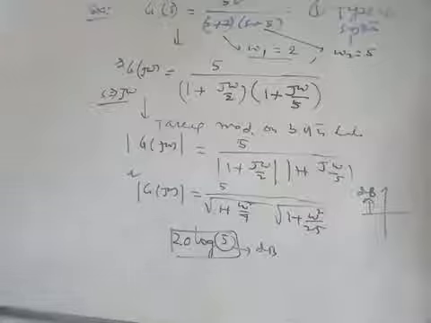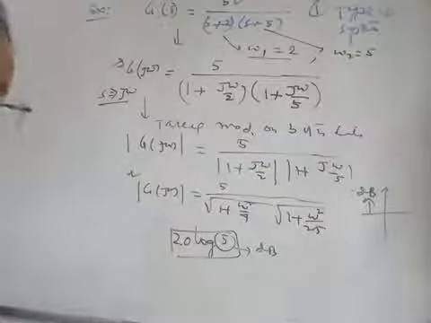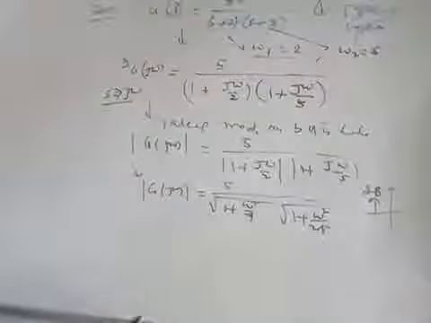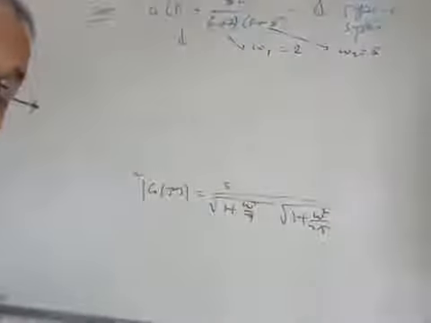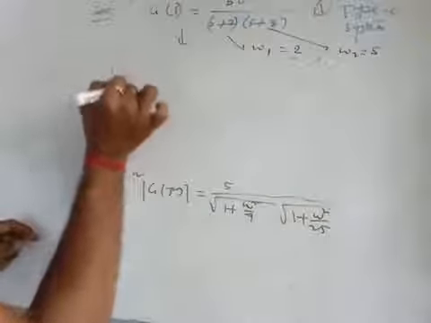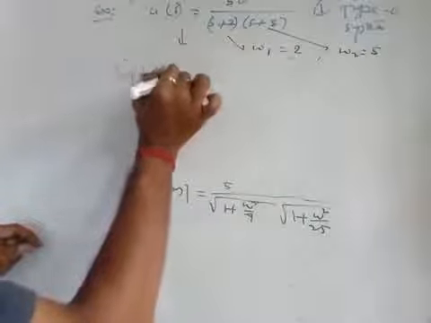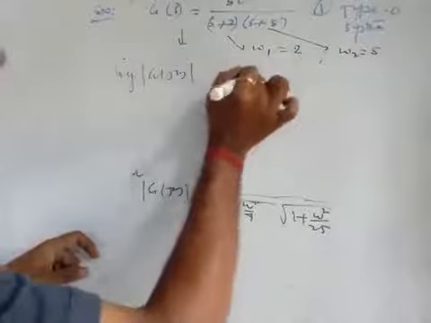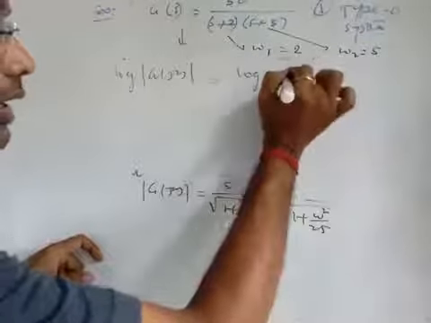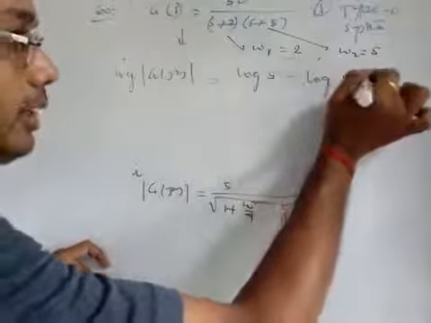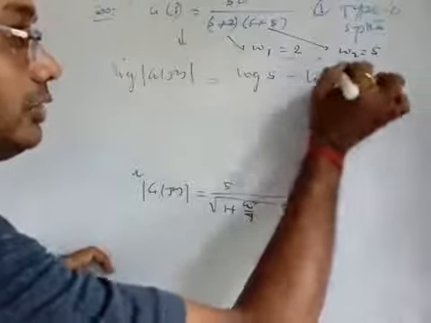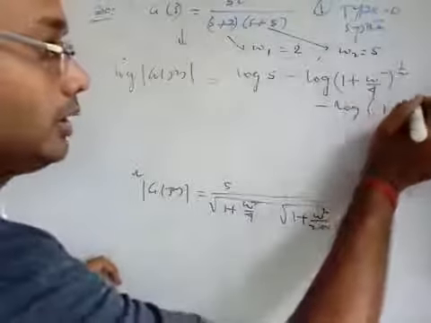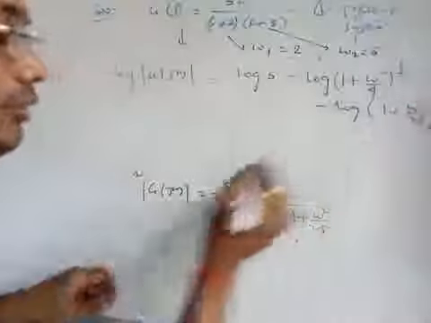That means we will take the logarithm on both sides and multiply by 20, right? So log of mod of G(omega) is equal to log of 5 minus log of (1 plus omega square by 4) to the power half, minus log of (1 plus omega square by 25) to the power half, right?